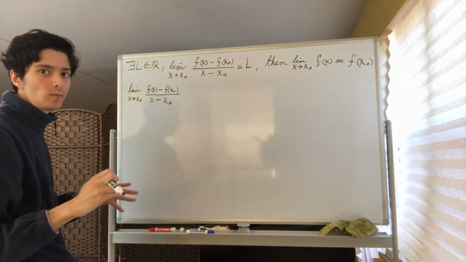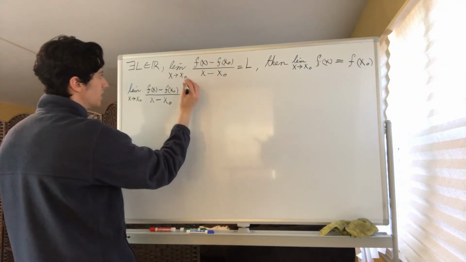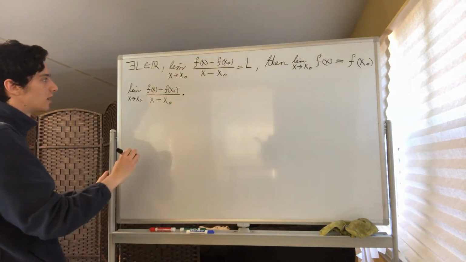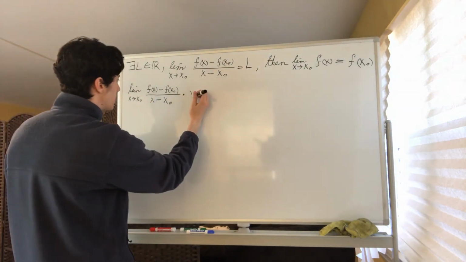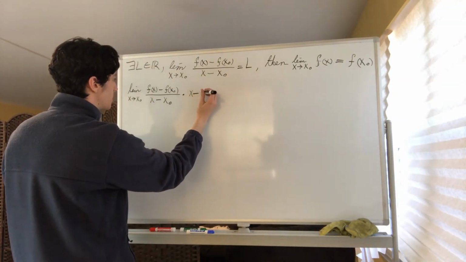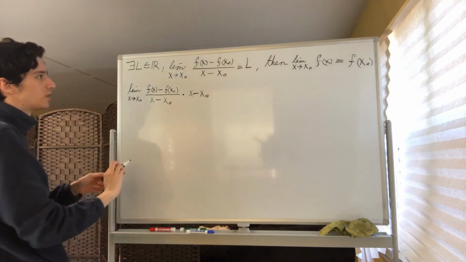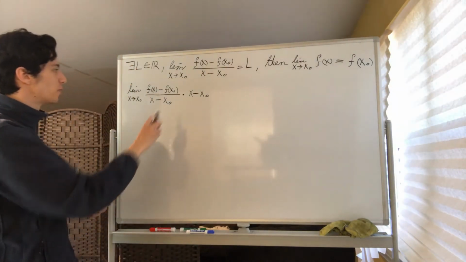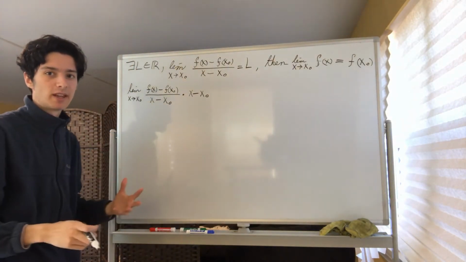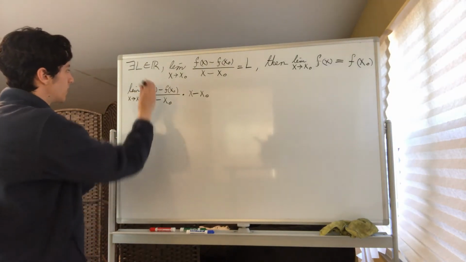Now, what happens if instead of looking at the limit of this quotient, we instead found the limit of this quotient times the denominator? And the reason I'm doing this is we're trying to get to this limit as x approaches x naught of f of x. So hopefully multiplying by the denominator will get us closer to just isolating this f of x.